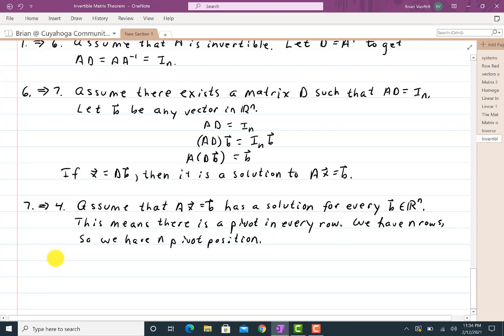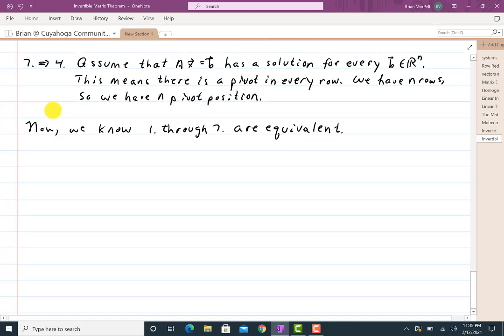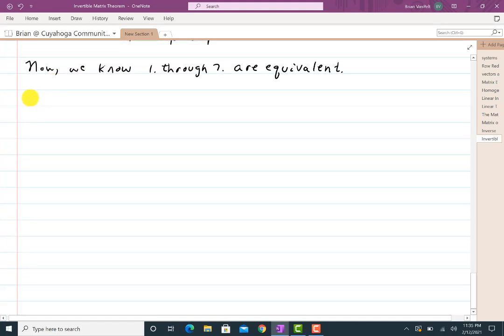So now we know 1 through 7 are equivalent. Next, we prove 7 implies 8, implies 9, back to 7.